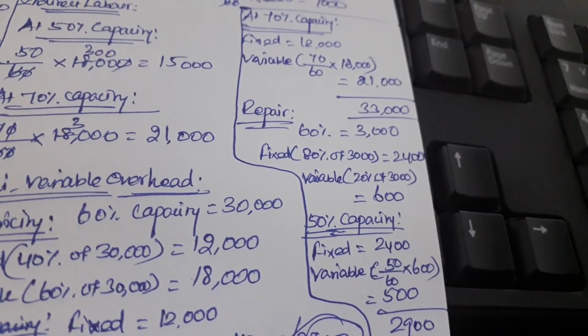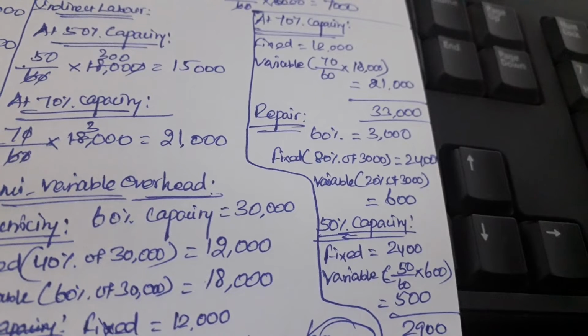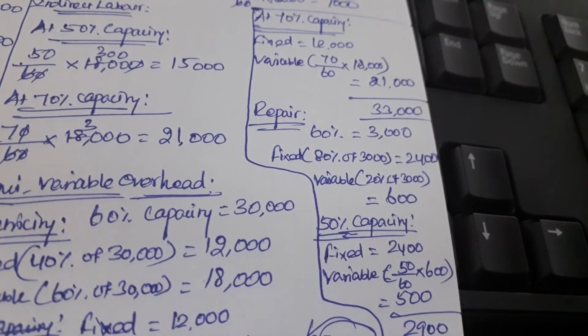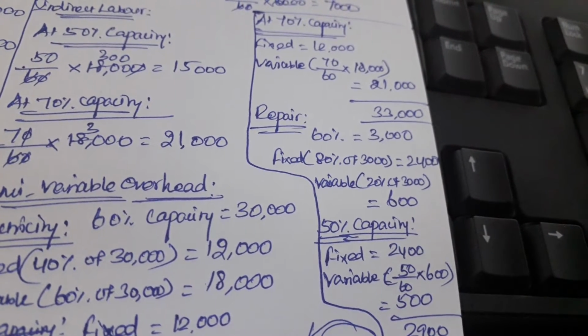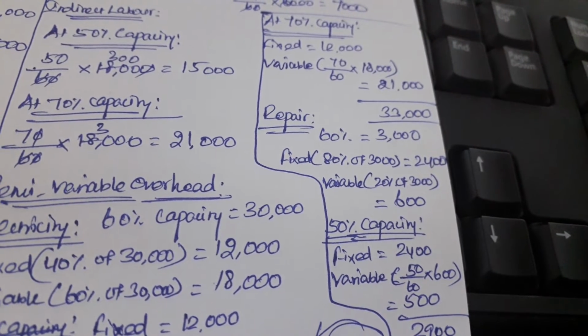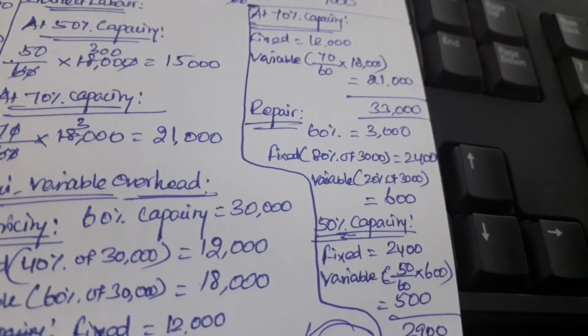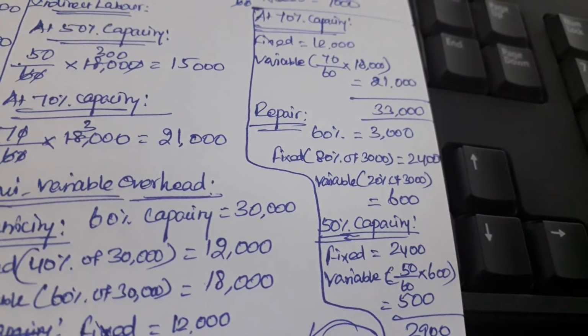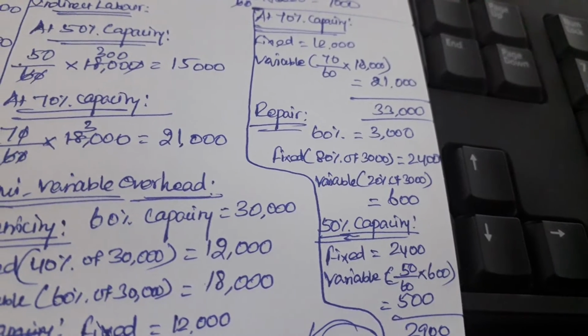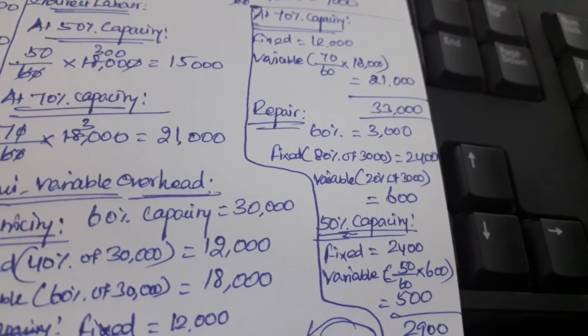Next, the same way we calculate for repair. At 60% capacity we get 3,000. It is a mix of fixed overheads and variable overheads: fixed overheads 80% and variable overheads 20%. These values are given in the problem.